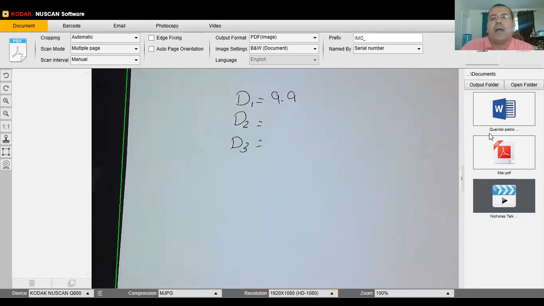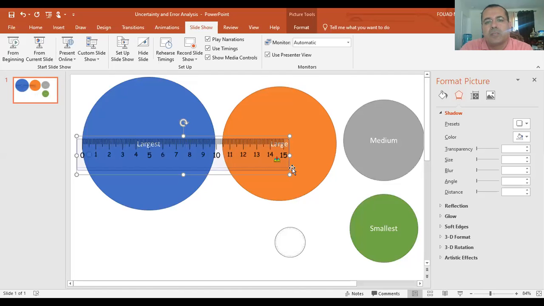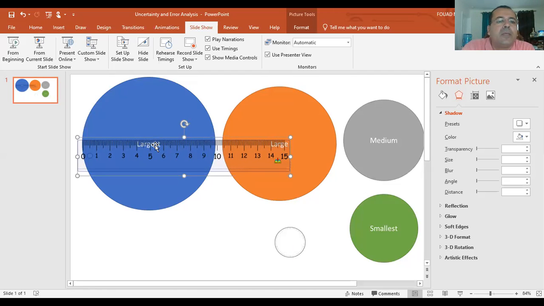So let me go back and measure diameter number 2 and diameter number 3. In the same circle, by the way, for each one of those, I do not move to the second large one or medium one or smallest one. I'm still in the biggest one. Maybe one can tell me, okay, but if you move a little bit with control, I think I shifted. Yes, this one.